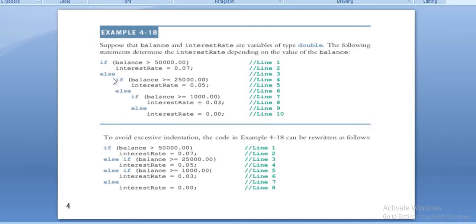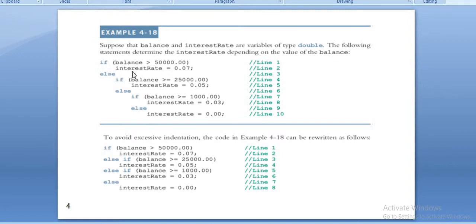If we are not providing the else, the results will not be according to our expectations. This else in fact terminates the condition that is executed correctly. If this condition is true, then the interest rate will be calculated, and similarly everything else will be avoided.